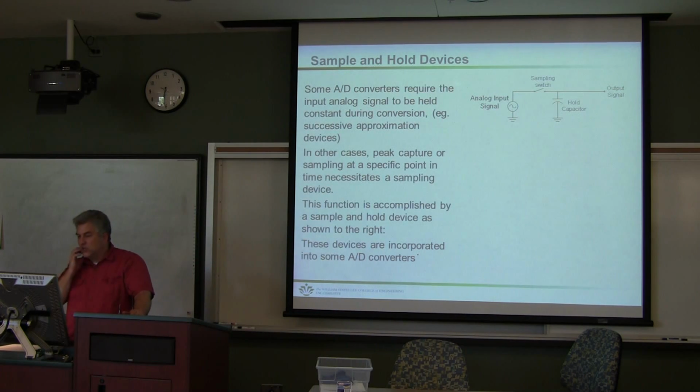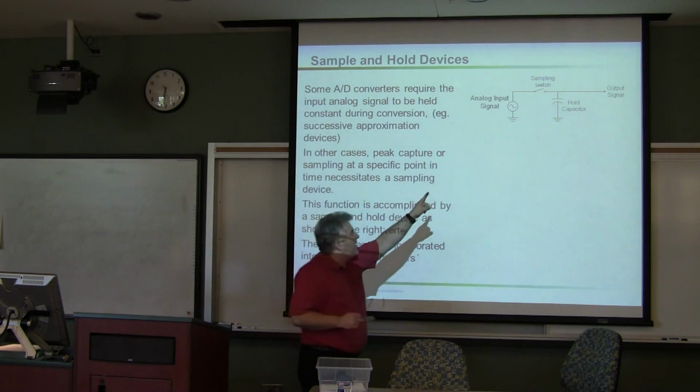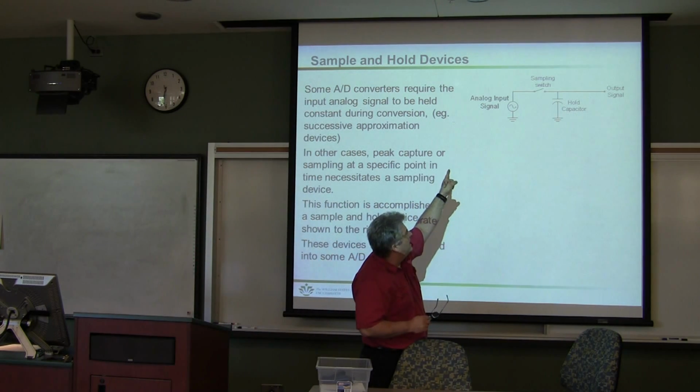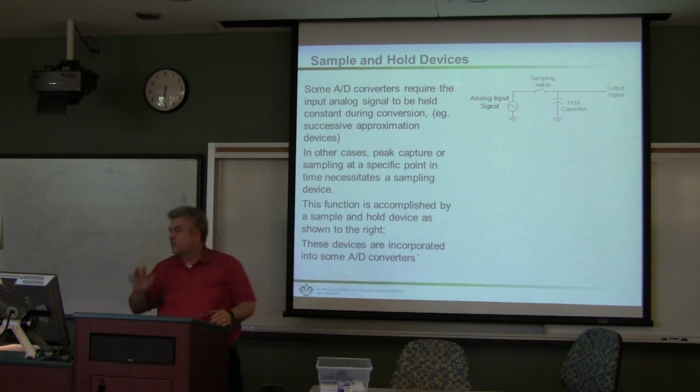But there's another way you can do this, and that is to do what we call a sample and hold. So as we're measuring our device, let's say our analog input signal is there, every so often we'll flick a switch and charge a capacitor and then take it off, and then the capacitor will hold the voltage of whatever was measured.